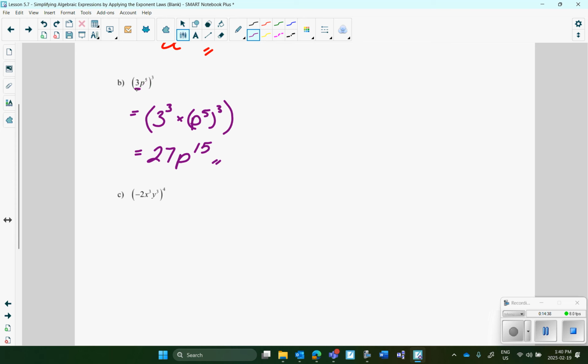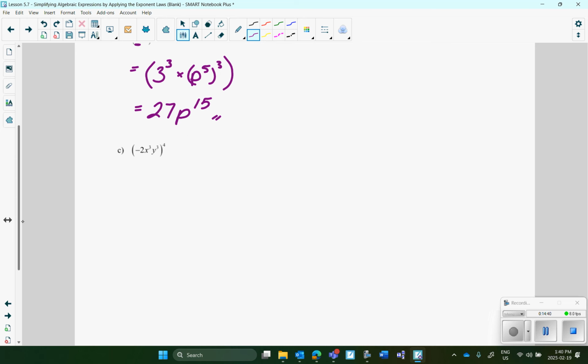So here, you've got to think of this like, okay, I'm doing -2 to the 4th. Then I'm going to do x to the 3rd to the 4th. Then I'm going to do y to the 3rd to the 4th.